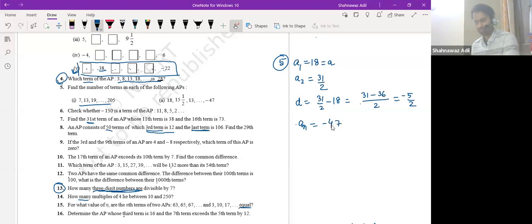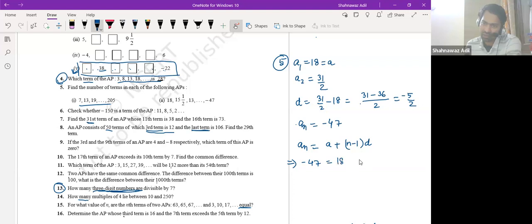Right, Amira? Yes, sir. So then we have to find the number of terms, right? AN is A plus N minus 1 into D, which implies that minus 47 is 18 plus N minus 1, and D is minus 5 by 2.